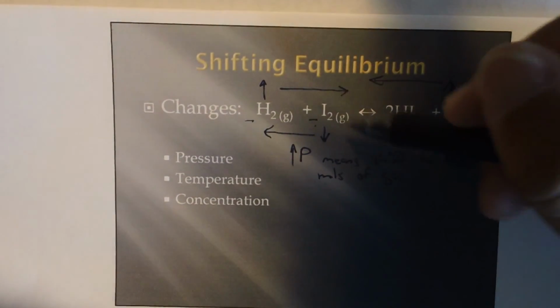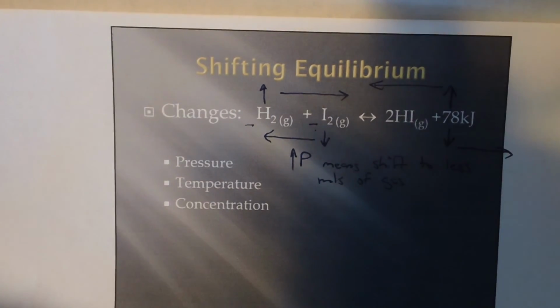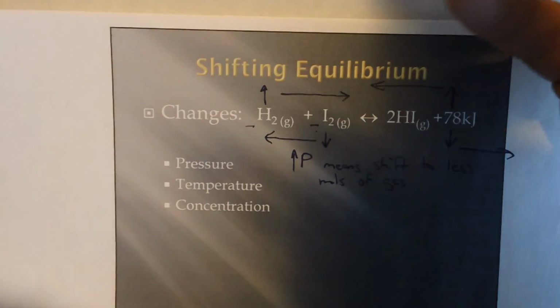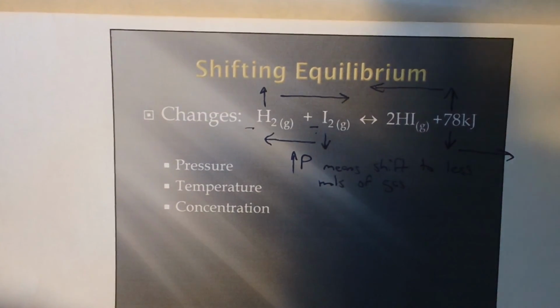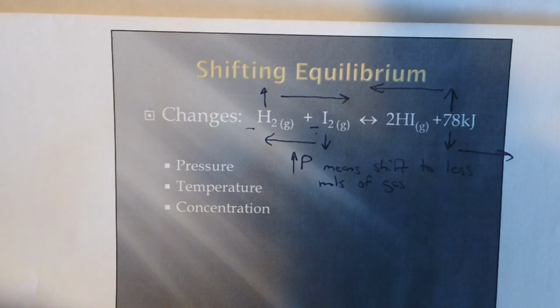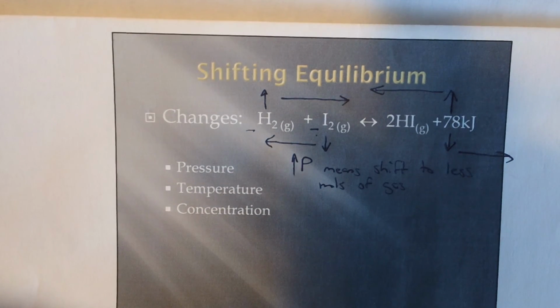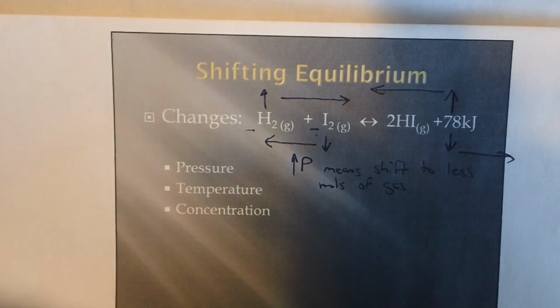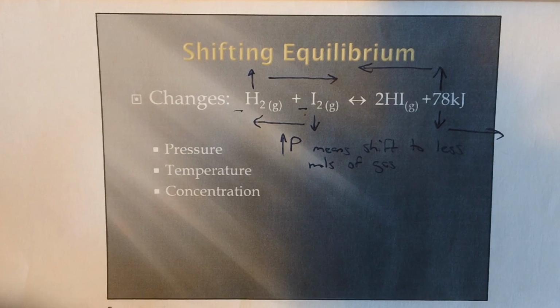So that would cause more hydrogen and iodine to be formed. Increasing something on one side, shift across the arrow. Decreasing something on one side, shift to the same side of the arrow. And then you've got your little tricky ones with pressure. There are other shifts in equilibrium that we'll look at as we get into more detail.